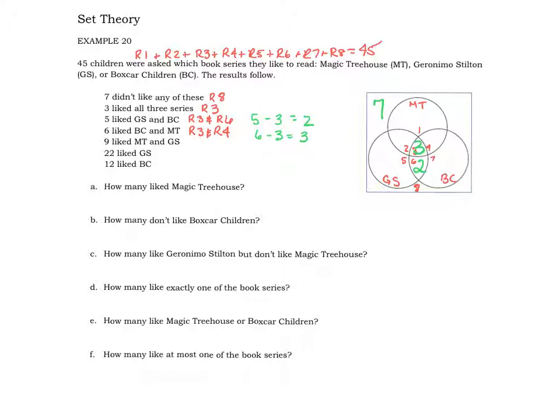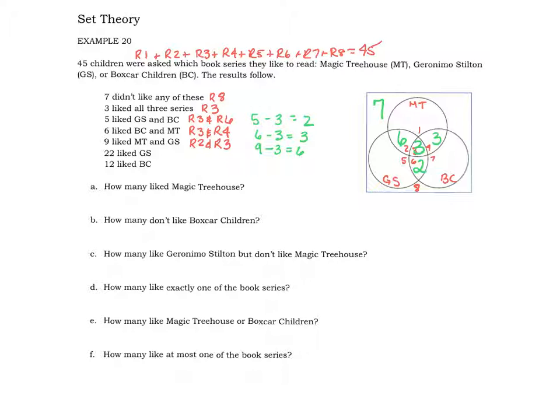So I know that region 4 will be 3. Okay. And then they said 9 like Magic Tree House and Geronimo Stilton. So that is regions 2 and 3. And hopefully you should be catching on by now. I know that region 3 is 3, so 9 minus 3 gives me 6. So the cardinality of region 2 is 6.